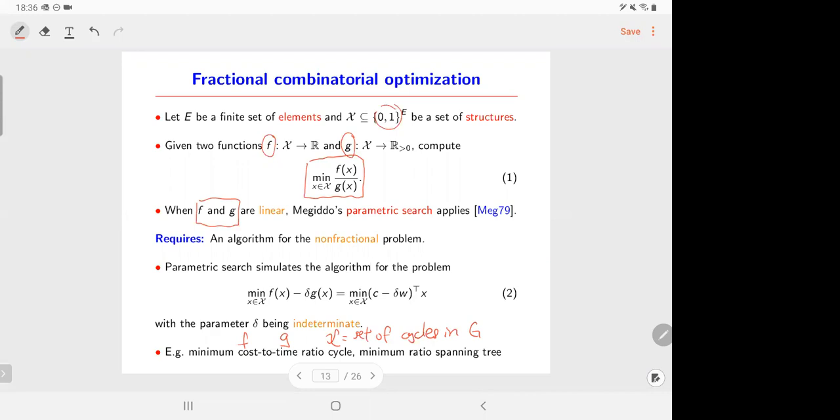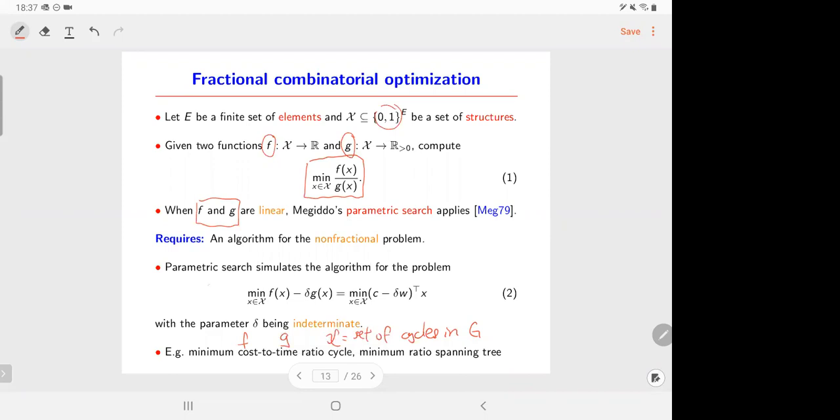Now, when f and g are linear, it has been shown by Megiddo that we can solve this in strongly polynomial time, assuming we have a strongly polynomial algorithm for the non-fractional problem. The non-fractional problem just means the same problem except with a linear objective function. So for example, for the minimum ratio spanning tree, the non-fractional problem is just the minimum spanning tree problem. In fact, this was the main motivation behind the development of the parametric search technique.